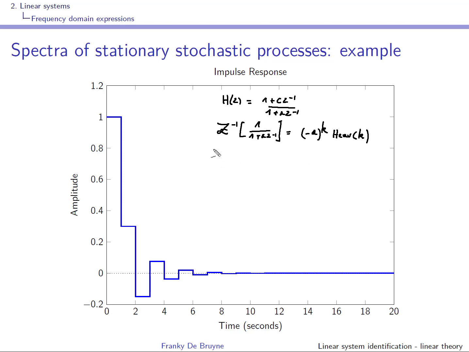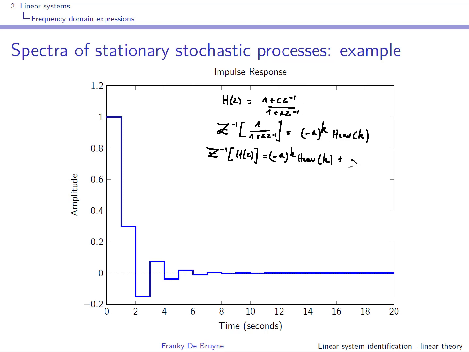If we want the impulse response, we have to do the inverse z transform of H(z). So what we'll have is this term over here, (-a)^k Heaviside(k), and the same term, but times c z^-1.